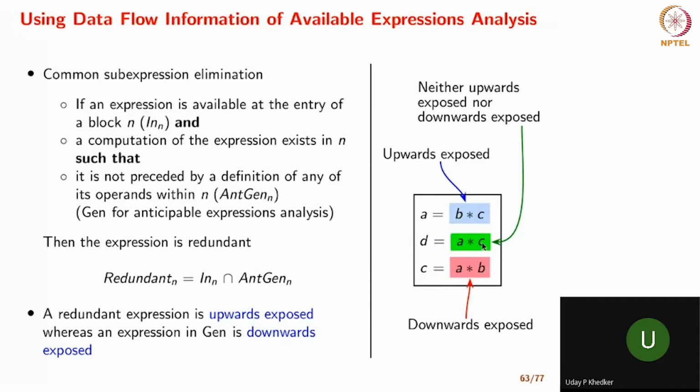And this is an example of an expression that is neither downwards exposed nor upwards exposed, because this expression is preceded by an assignment of an operand and is followed by an assignment of the operand. So therefore, the green expression can never be eliminated by common sub-expression elimination, and rightly so.